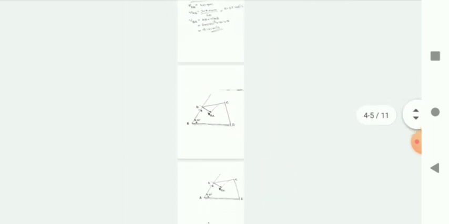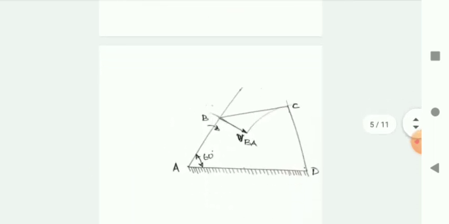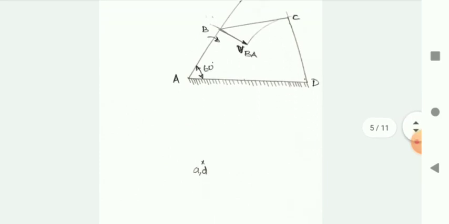Now, to locate or to start drawing the velocity diagram, below the space diagram, first we need to locate the fixed point of the mechanism.